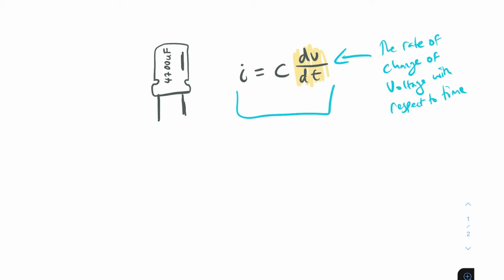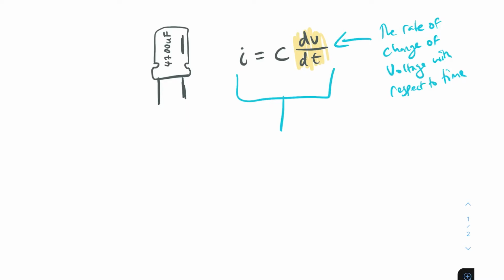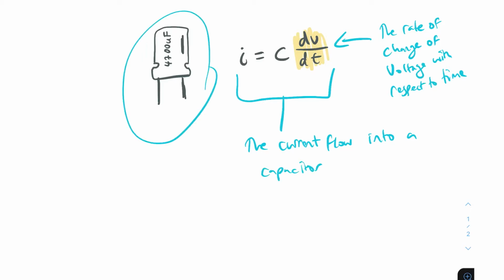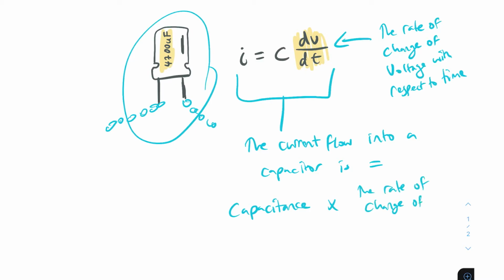So what does the whole equation mean then? What we're saying is that the current flowing into a capacitor is equal to the capacitance, which is this value here, multiplied by the rate of change of voltage over time.